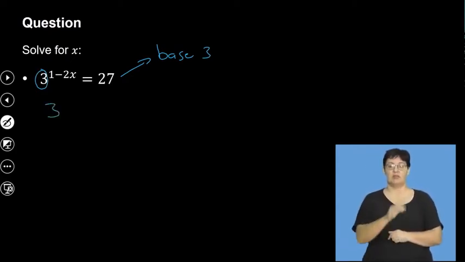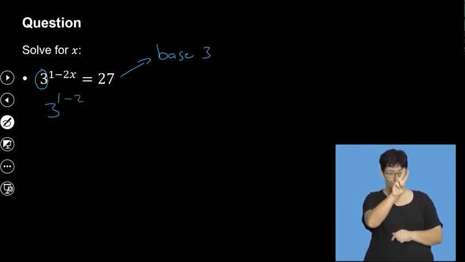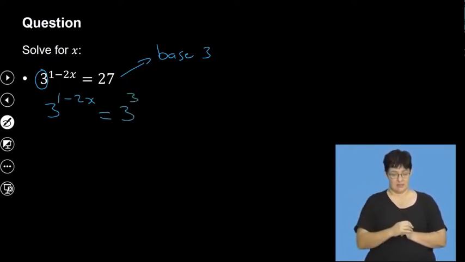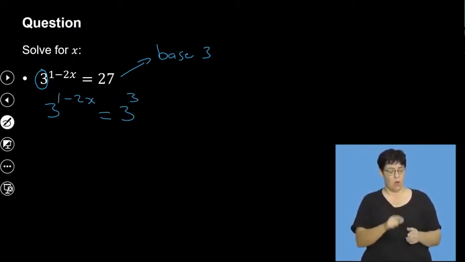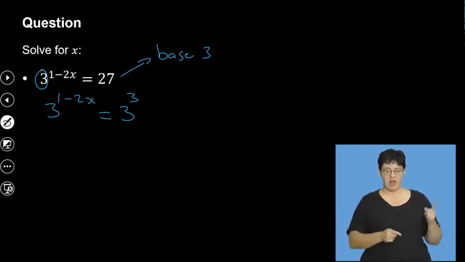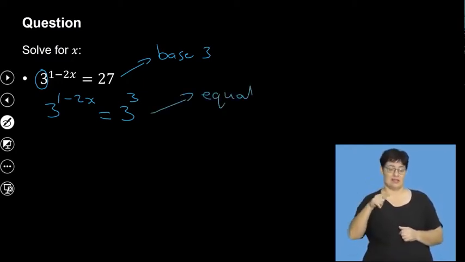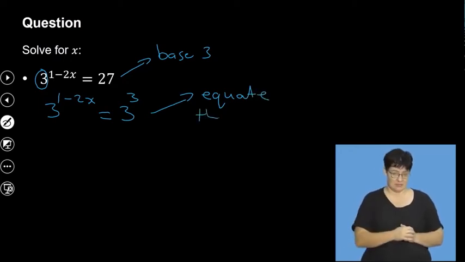So this will be 3 to the exponent of 1 minus 2x. I'm just going to rewrite it. Equals to, remember 27 is the same as 3 to the exponent of 3, right? And then because the bases are the same and you have 1 power on each side, your step here will be to equate the exponents, right? Equate the exponents.